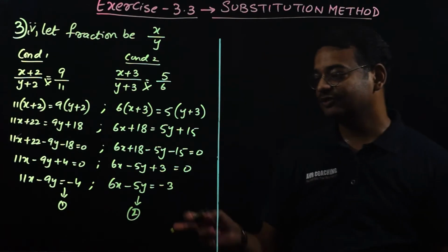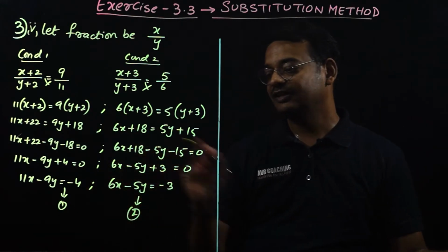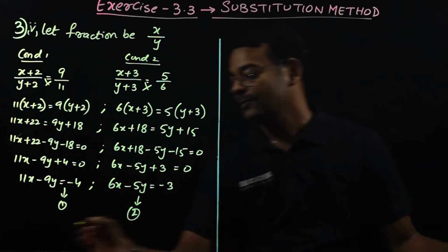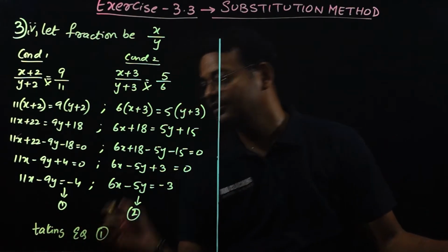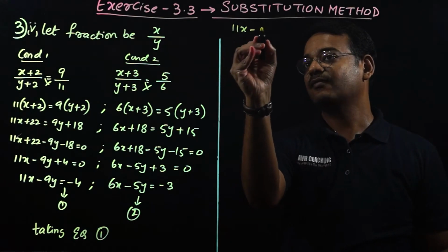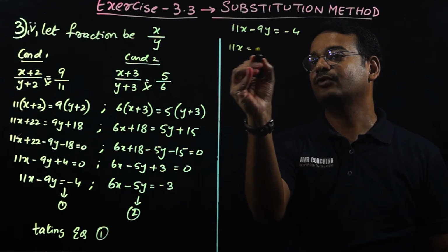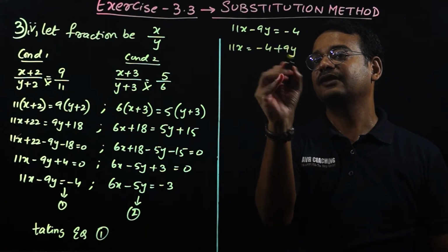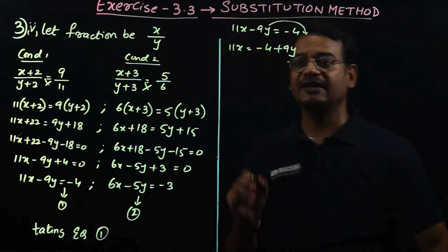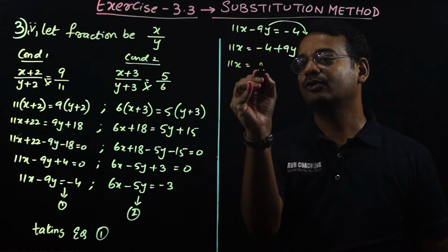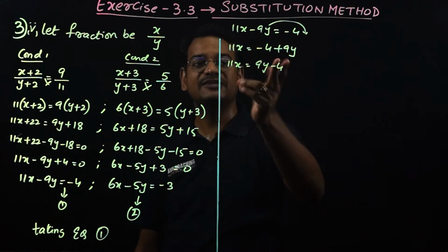Now we have equations 1 and 2. We will take equation 1, get the x value or y value, and substitute it in equation 2. Equation 1 is 11x minus 9y is equal to minus 4, and here I am taking 11x equal to minus 4 plus 9y. Minus 9y getting to the right hand side becomes plus 9y. We can write it as 11x equal to 9y minus 4, because I don't want the first value to be negative, so I'm just interchanging the values.